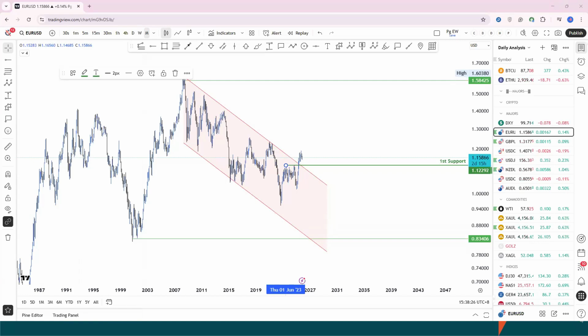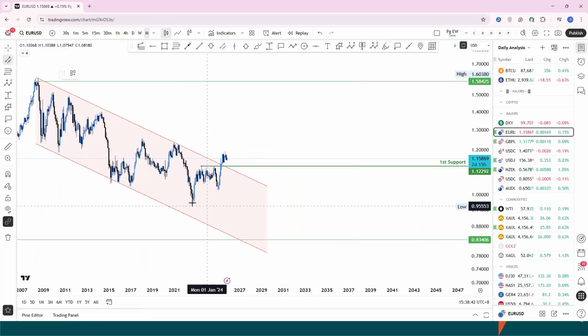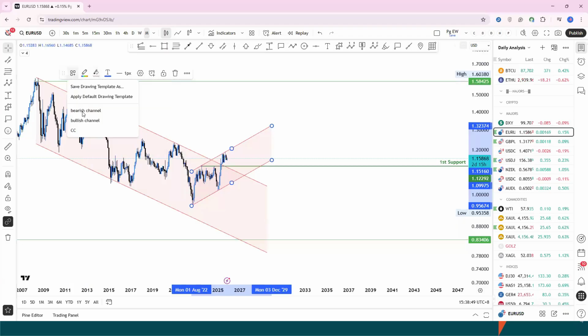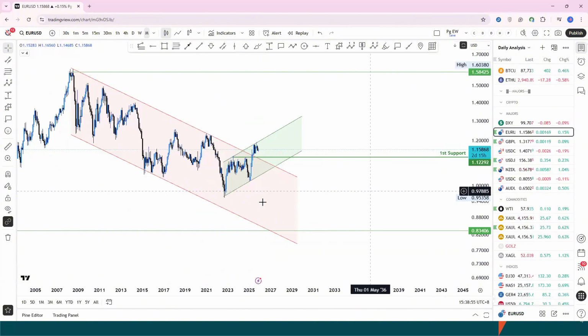Okay. All right. And if they're gonna break out, it's gonna be bullish. Okay. If it's gonna be bullish, it's gonna be wave 1, wave 2, wave 3, wave 4, wave 5.